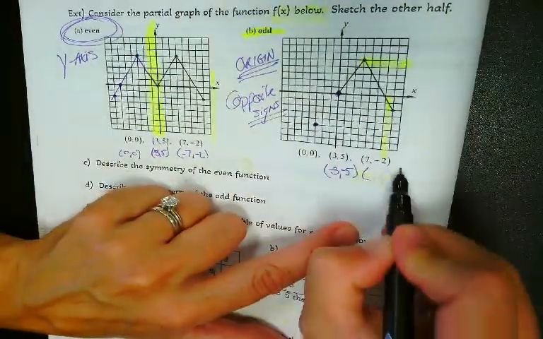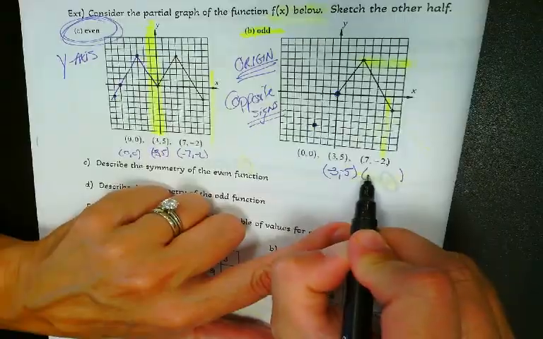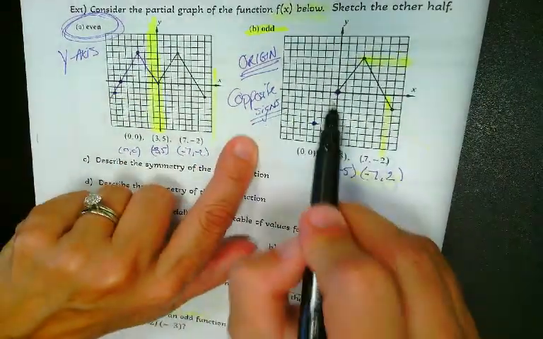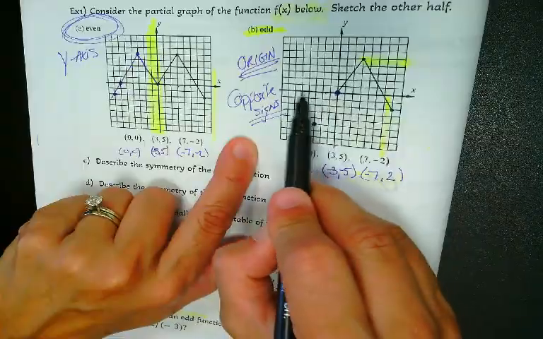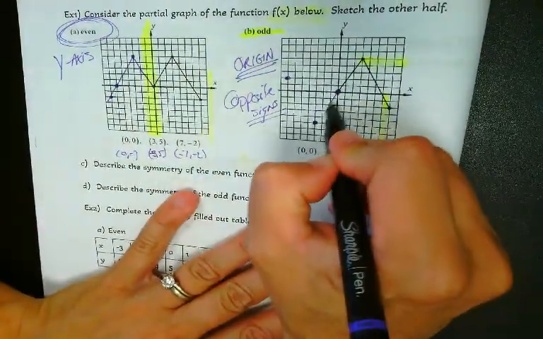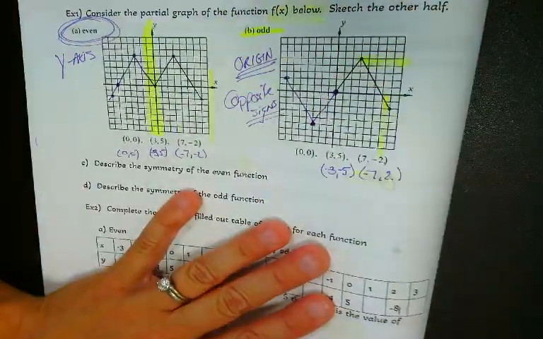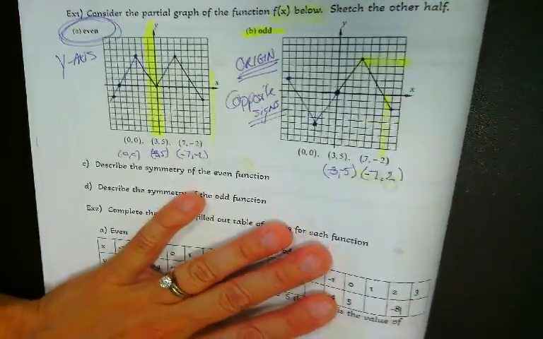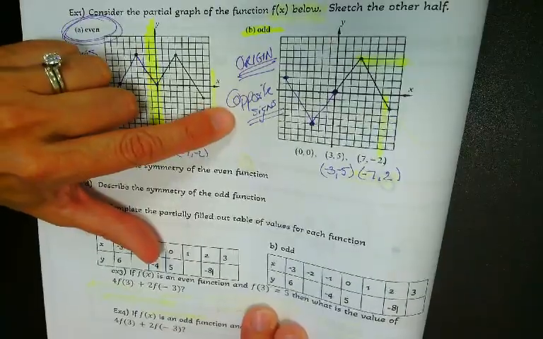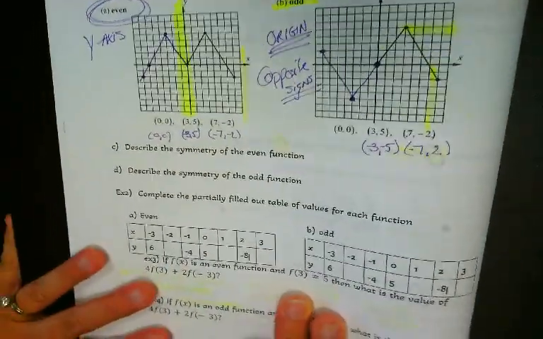What should 7, negative 2 become? Negative 7, positive 2. Opposite signs. And we'll connect. So when you hear O, you've got to think these three O words: odd, origin, opposite signs.